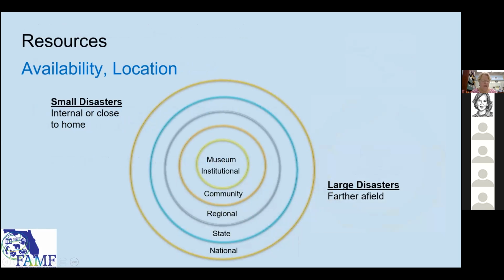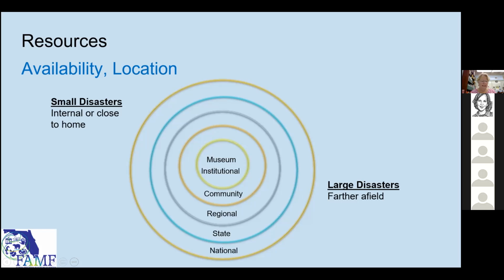Setting priorities for recovery related to threats predicted by your risk assessment will determine what resources and supplies might be needed to cope with identified disasters. The larger the disaster, the further afield you must go to procure resources to deal with it. Minor to moderately sized events that affect only a portion of the institution can be handled with in-house resources, provided that the necessary resources, supplies, designated labor, and funds have been identified, stocked, and set aside.